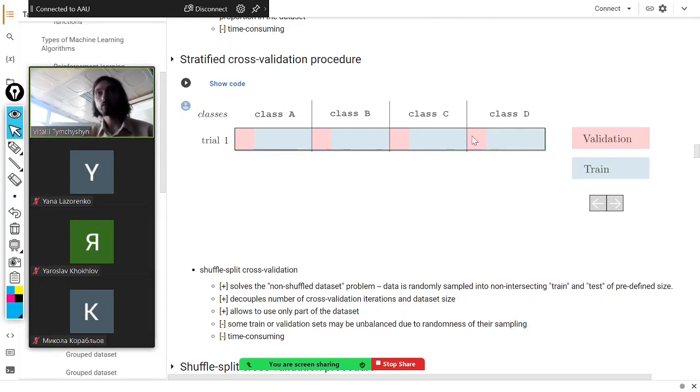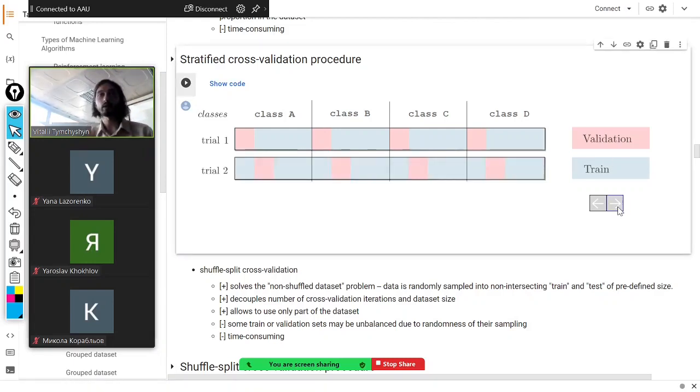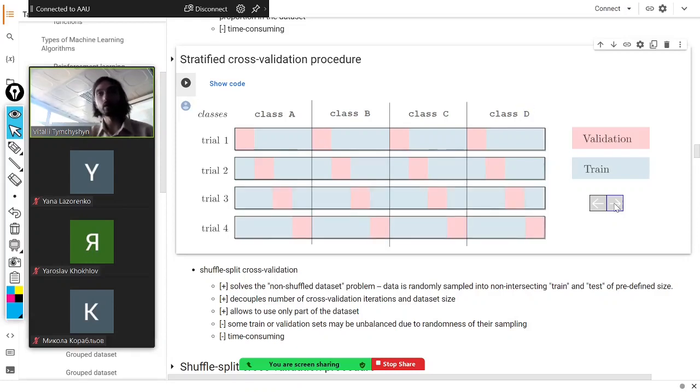But this time I have checked every class in my data set, and I'm consciously putting 25% of each class into my validation set and 75% into the training set. You see how that goes in trial 1, trial 2, trial 3, and 4. Everything I told you about cross-validation still applies, but here you have one problem less, because you will always get your classes in both your training and validation sets.